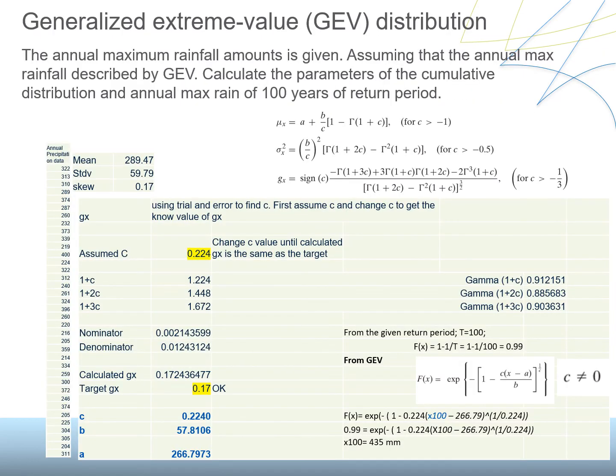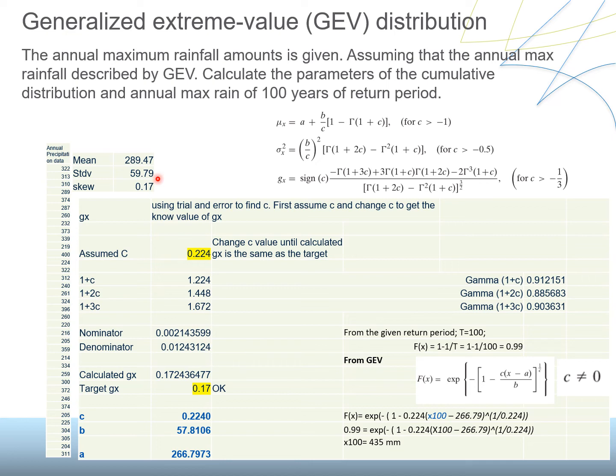Now let's see how we can use the generalized extreme value distribution. We have the mean, standard deviation, and skewness of the data. We have certain years of data, and we calculate the mean, standard deviation, and skewness of the precipitation data, and these are the values.